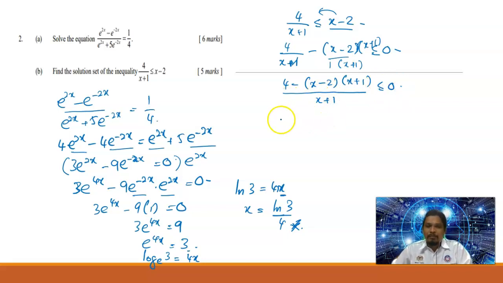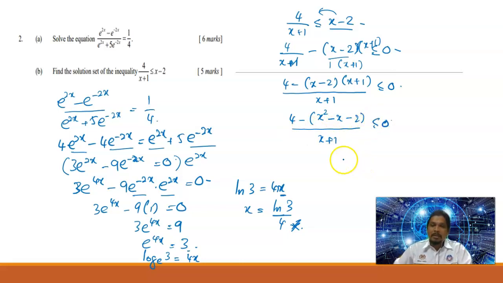Then 4 minus x times x, x squared. x with 1, x, minus 2x, minus x, and negative 2 times 1 equals negative 2, divided by x plus 1 less than or equal to 0.